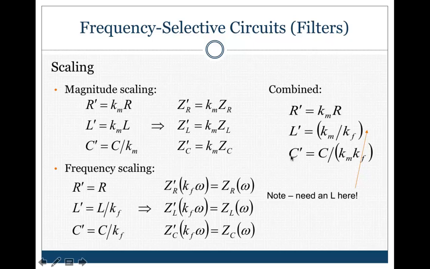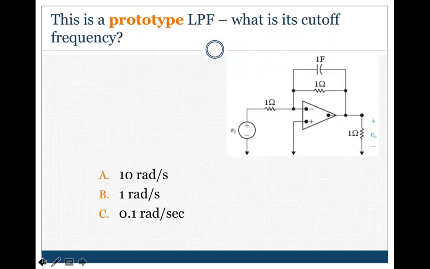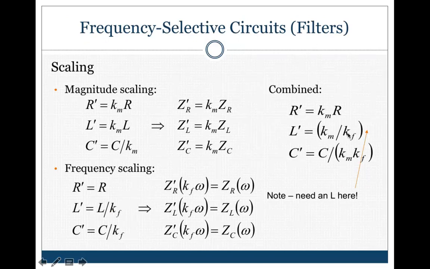Our new capacitor value would be our old capacitor value divided by the product of the magnitude and frequency scale factors. And the new inductor value, if we were working with inductors, would be Km over Kf times the old inductor value.